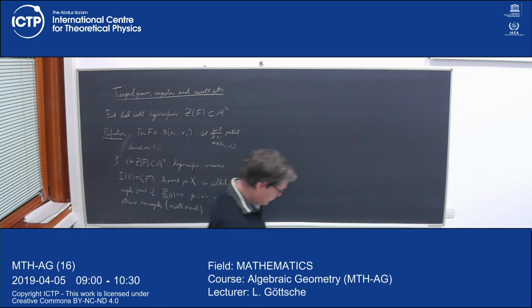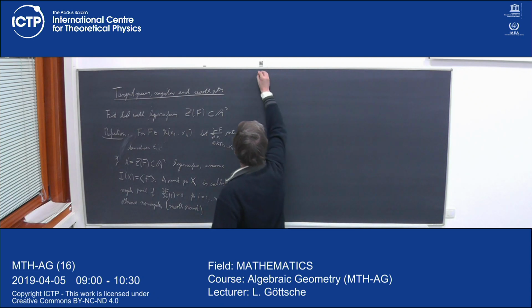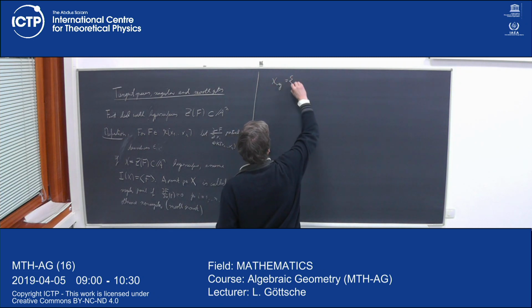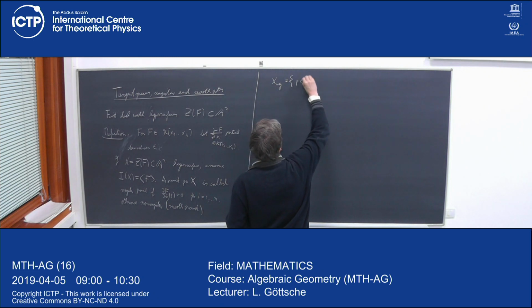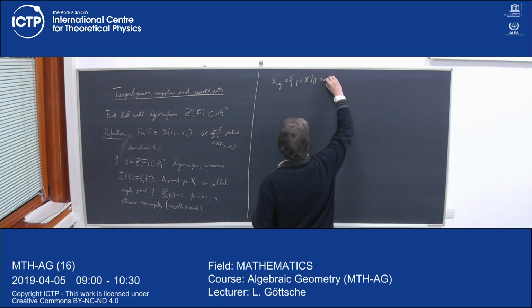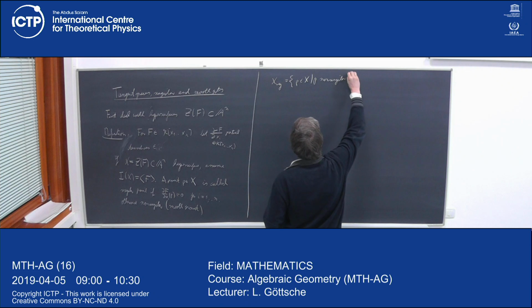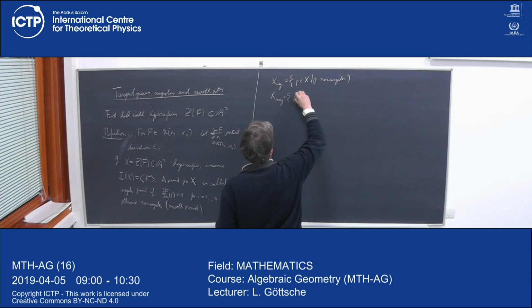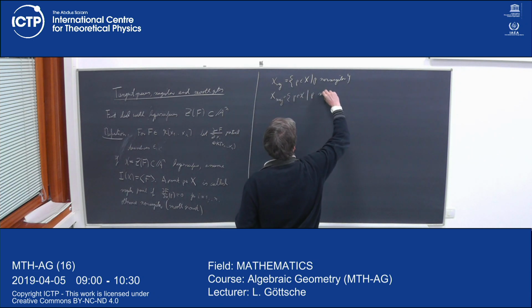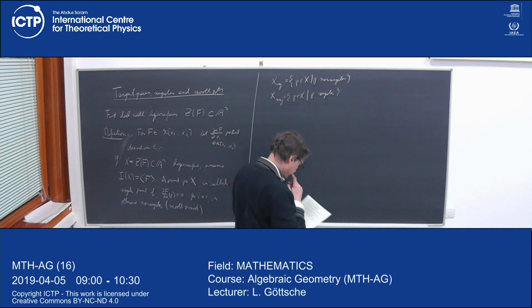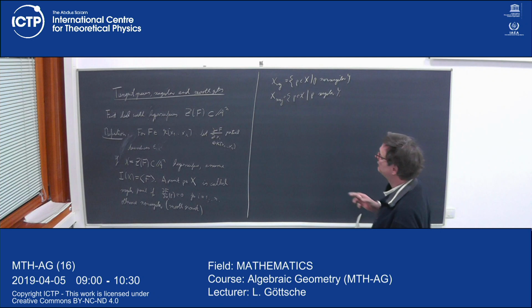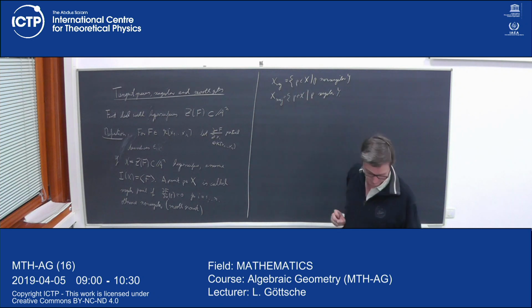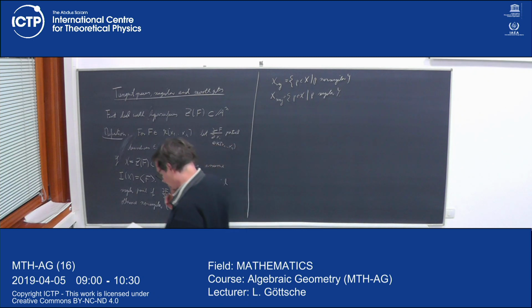And I will normally call X-reg the set of non-singular points; one also sometimes says regular for non-singular. And X-sing is the set of all P in X such that P is singular. And if X-reg is equal to X, we say X is non-singular also.